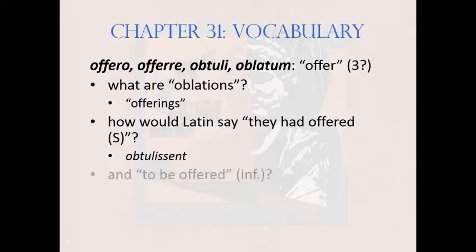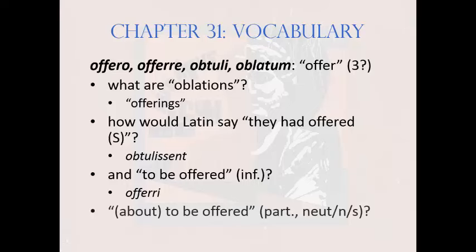obtulissent. And what about to be offered, the present passive infinitive? Yes, it's one of those athematic forms, offerri. And what about the other to be offered, that is, about to be offered, the future passive participle? And let's make it nominative singular, neuter. How are gerundives formed in Latin?